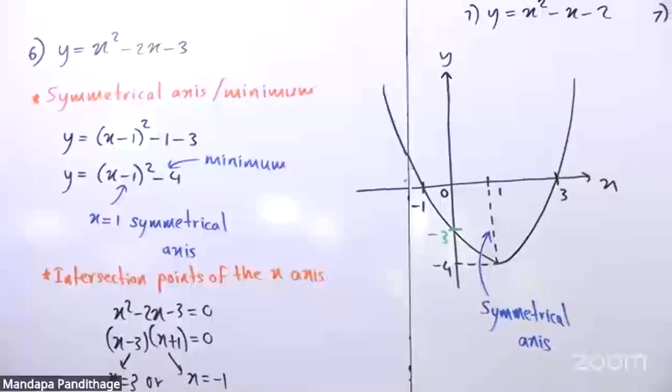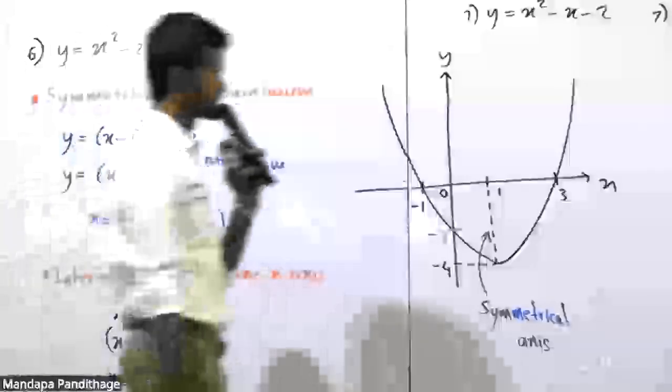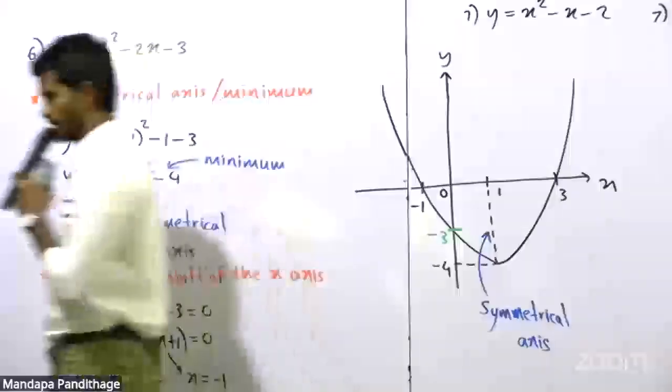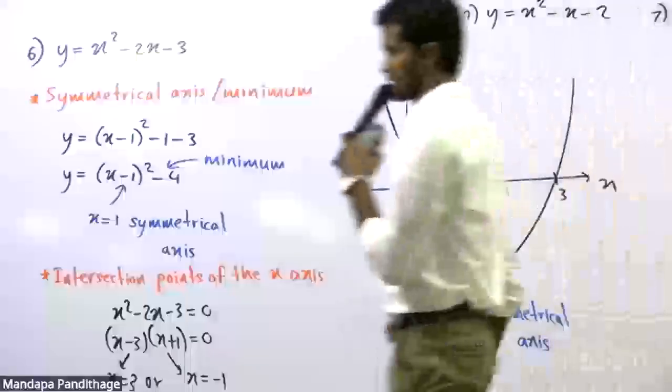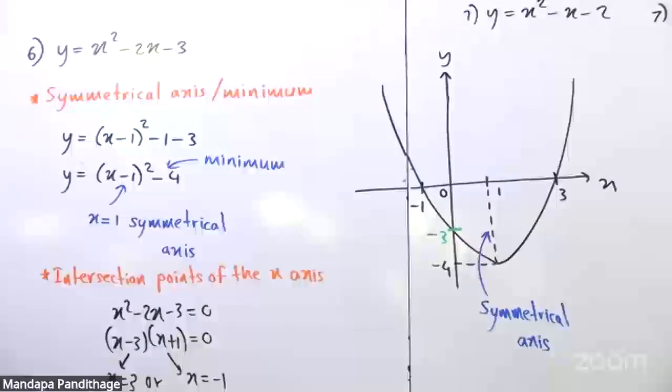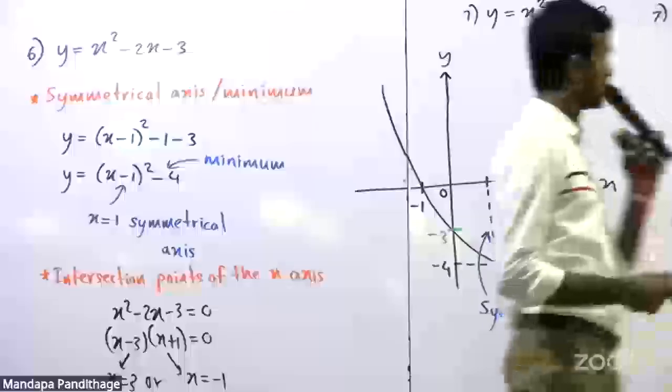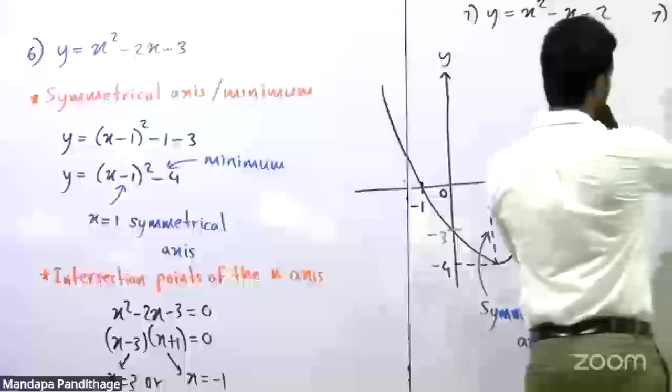Same way: complete squares, find the symmetrical axis and the minimum, and then you can factorize and get the points of intersection. Do this, it's a small thing, same thing. Complete squares, find the axis of symmetry, the minimum, and the intersection points.